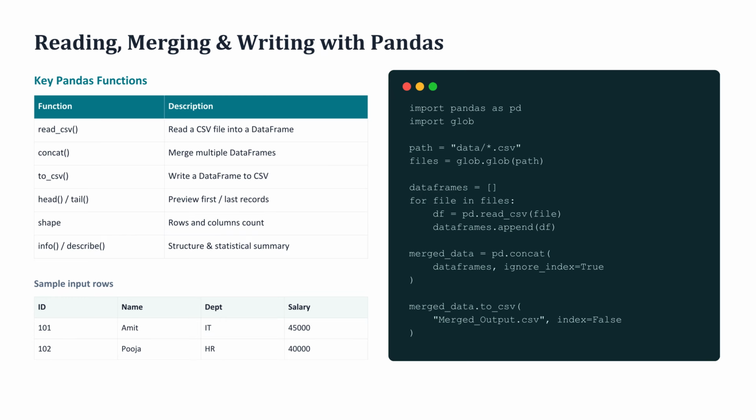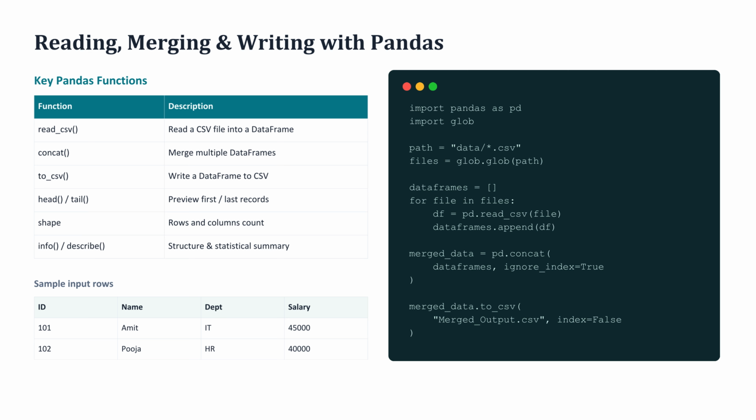So this is the basic code that we will write for implementing this assignment. What's happening in this code, we will see one by one. First, we import pandas and the built-in glob module. Glob is what lets us grab every file matching a pattern, in this case every .csv file inside our data folder.